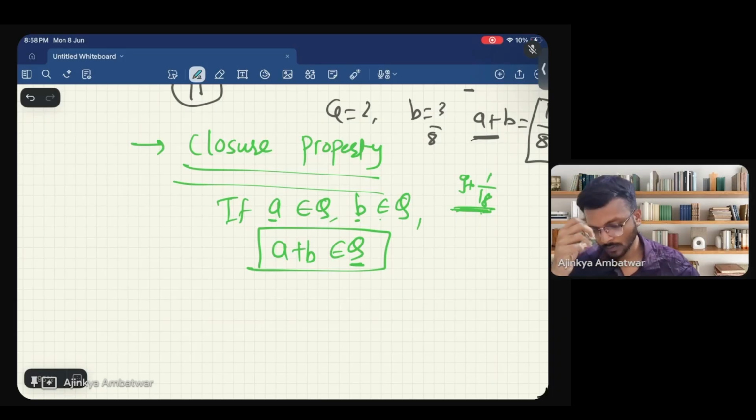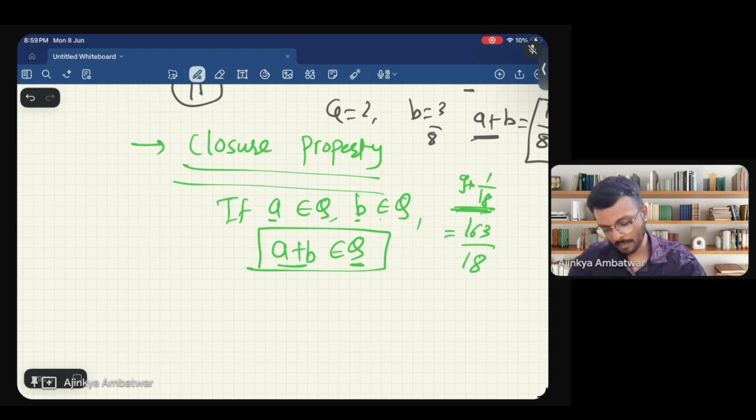Write it down and tell me. 160. What's the final answer? 162 is 18 into 9. What's the sum? 163 by 8. Very good.